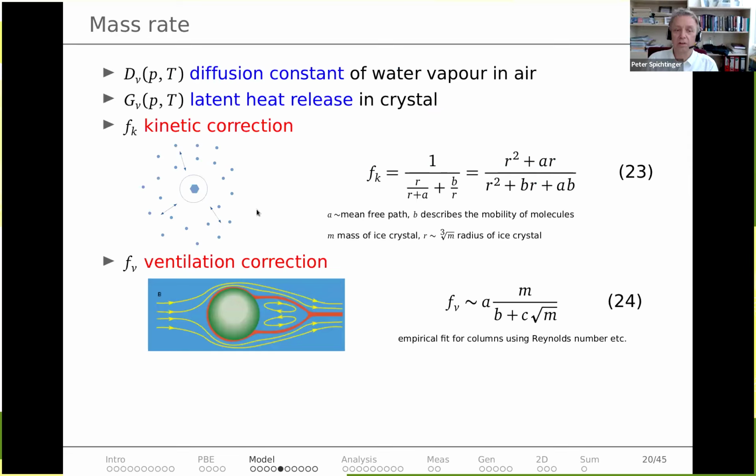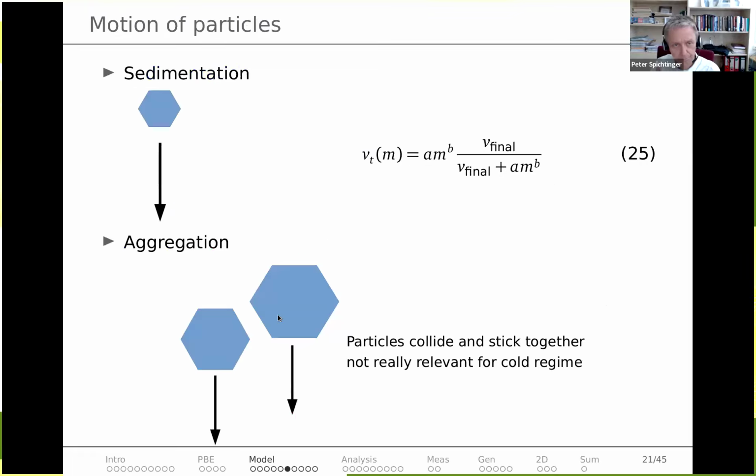And of course, at some point, if you have really small ice crystals, you think about a kinetic correction. And if you have really large ice crystals, you can think about a ventilation correction, because the turbulent wakes or flow around a particle will enhance the growth. And of course, we have sedimentation.